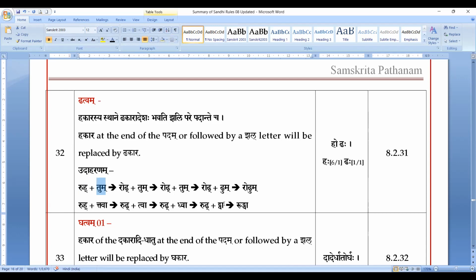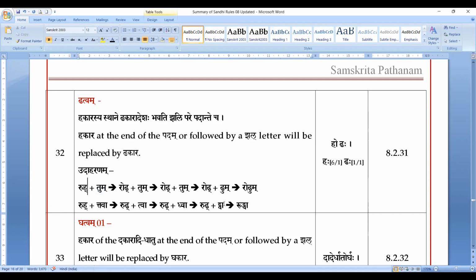You have only two options, either sarvadhatukam or ardhadhatukam. It's ardhadhatukam. Why? It is not shit, it is not any of those. Other than that, therefore it has to be ardhadhatukam only. Is it a kit? No. Therefore it can cause angakarya. Yes or no? Yes. What is the penultimate letter?